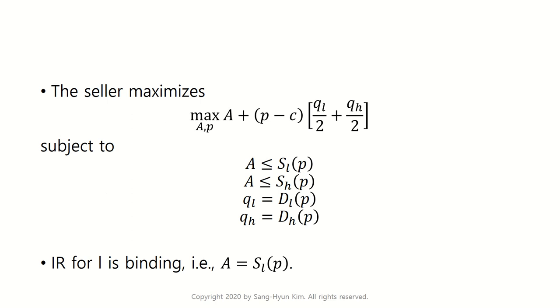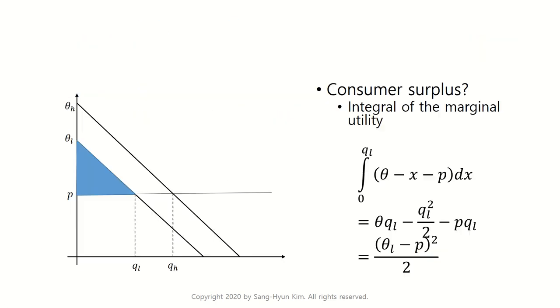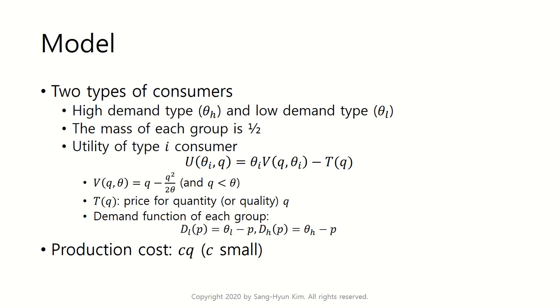So what are the last two constraints? The last two constraints are the demand functions basically. So QL equals DL. DL is what? Look at the equations at the bottom.